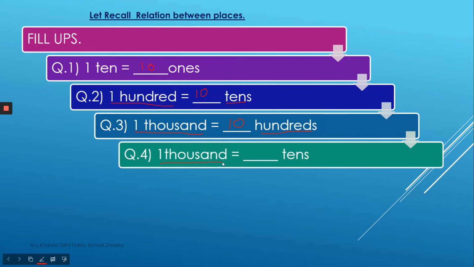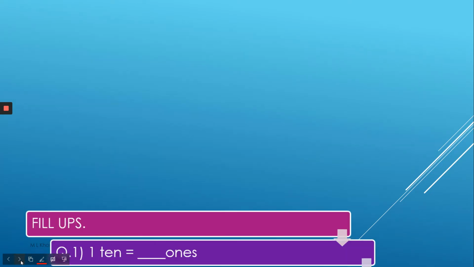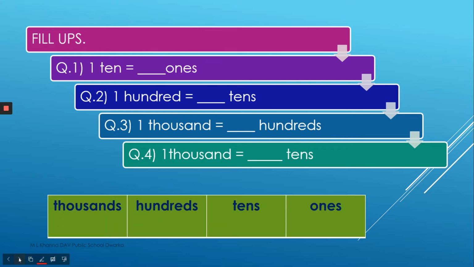Now tell me 1000 is how many tens? Yes, it's a bit tricky. Now children, let me help you in getting the answers very easily using a place value chart. So this was your question and this is the place value chart.